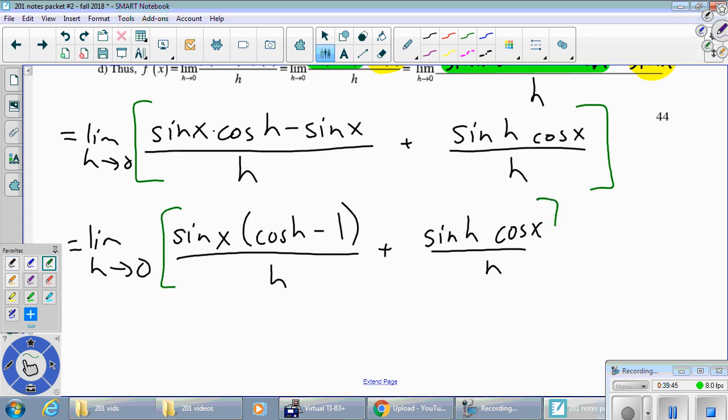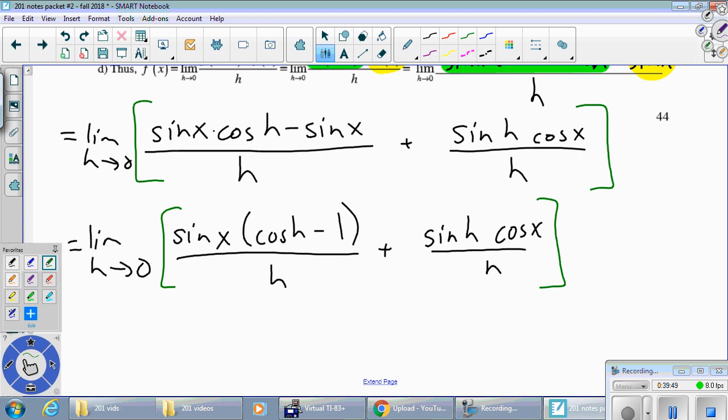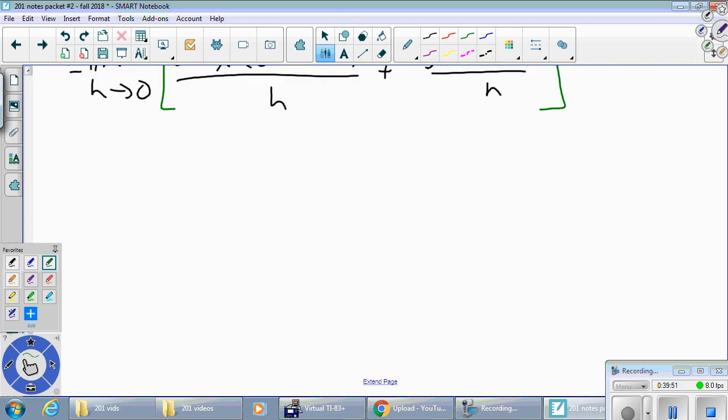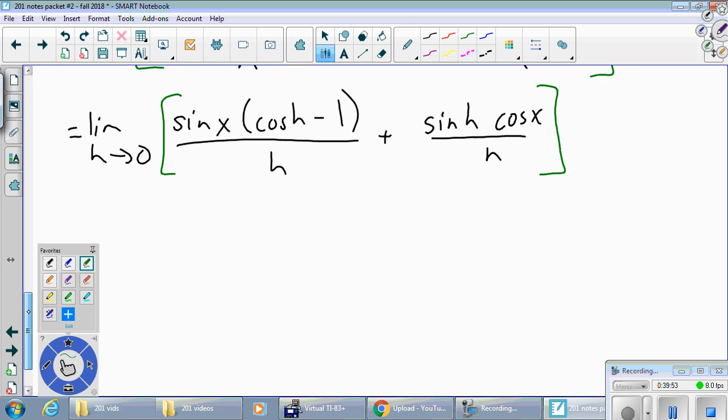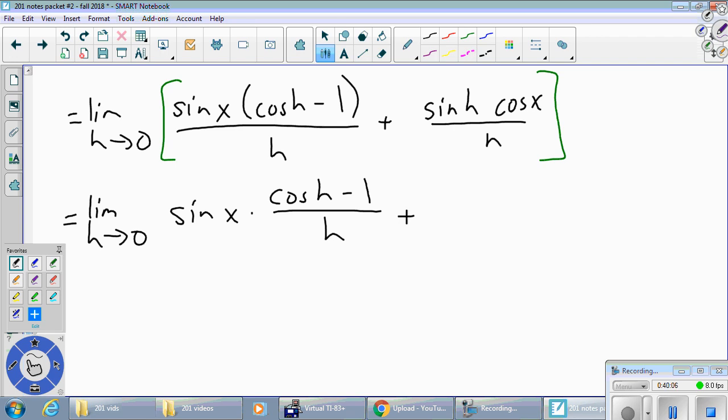We're going to do one more little trick here, and that's just to peel off parts of these numerators. So here we go. Limit as h goes to 0. All right, I'm going to write it, and then you're going to hopefully believe it. Sine of x times the fraction cosine of h minus 1 over h, plus cosine of x times the fraction sine of h over h.